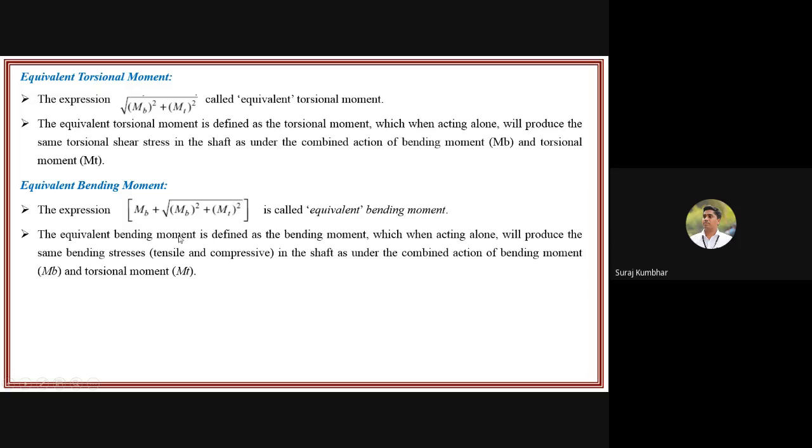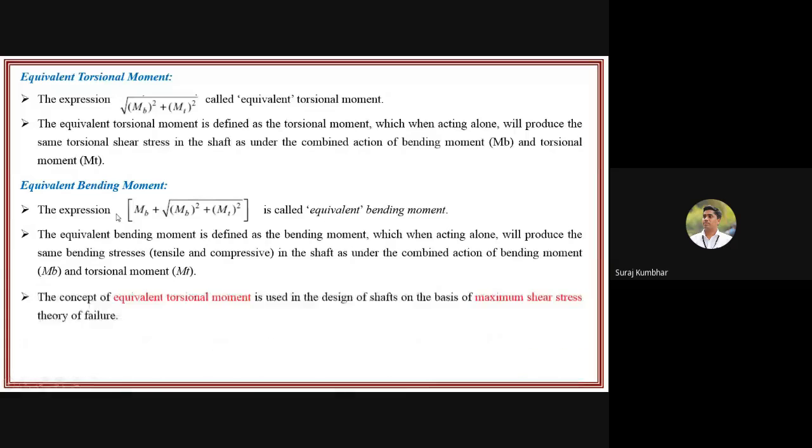In case of the equivalent bending moment, it will produce bending stresses due to the combined effect of a bending moment and the torsional moment. So this is about the equivalent torsional moment and equivalent bending moment.